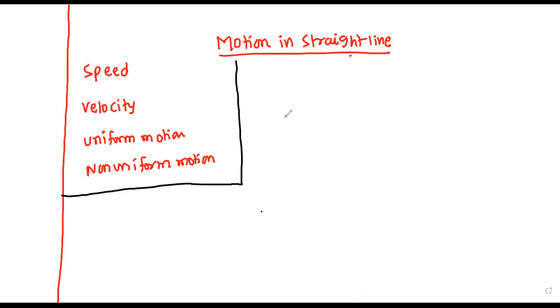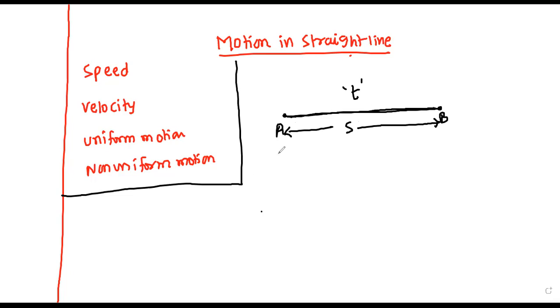Say for example, let us consider that a particle starts from point A and reaches point B such that it traveled a distance S in a time t. T is the time taken to travel a distance S from point A to point B.